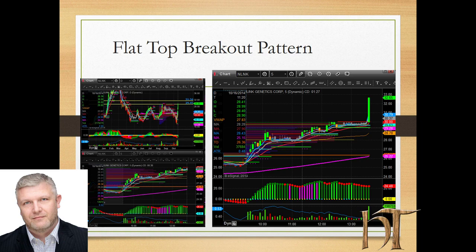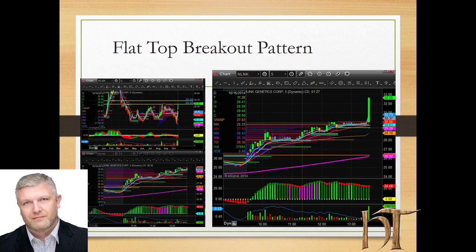So you had a little teeny cup formation here, but not very much of one. You're not going to have to worry about people selling into you, because this here is the clear spot to buy.